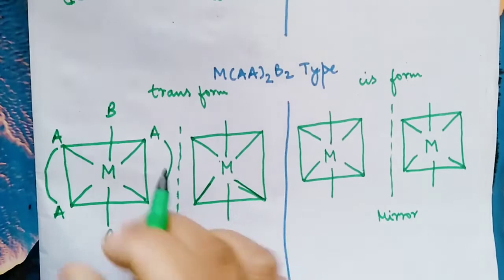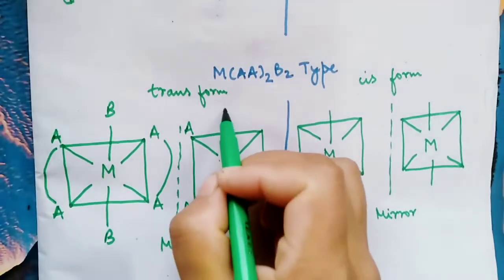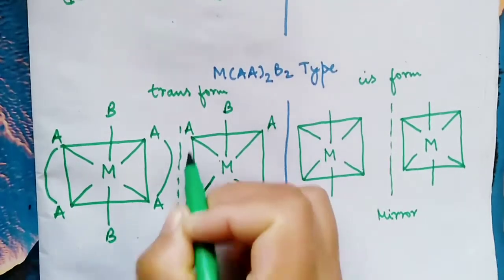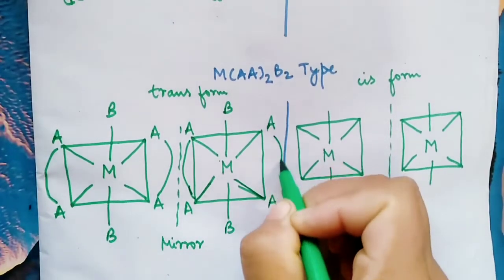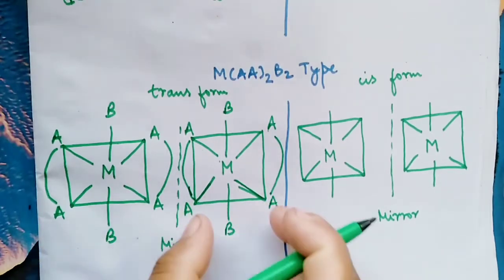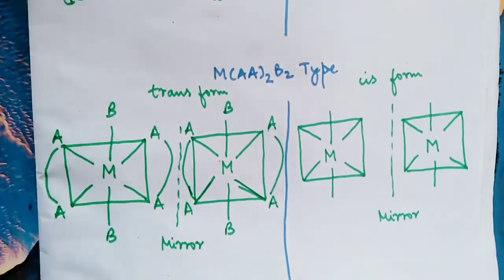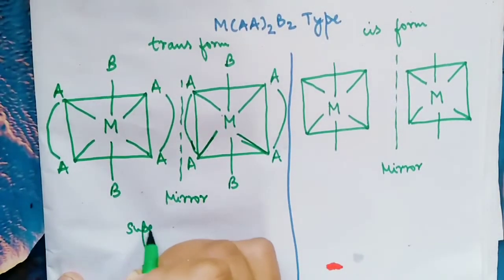So the mirror image of this one would be A, A, B, B, A, A. Have a look at these. These two are superimposable to each other. If you take this one and cover this, it will completely cover it. So both are superimposable.